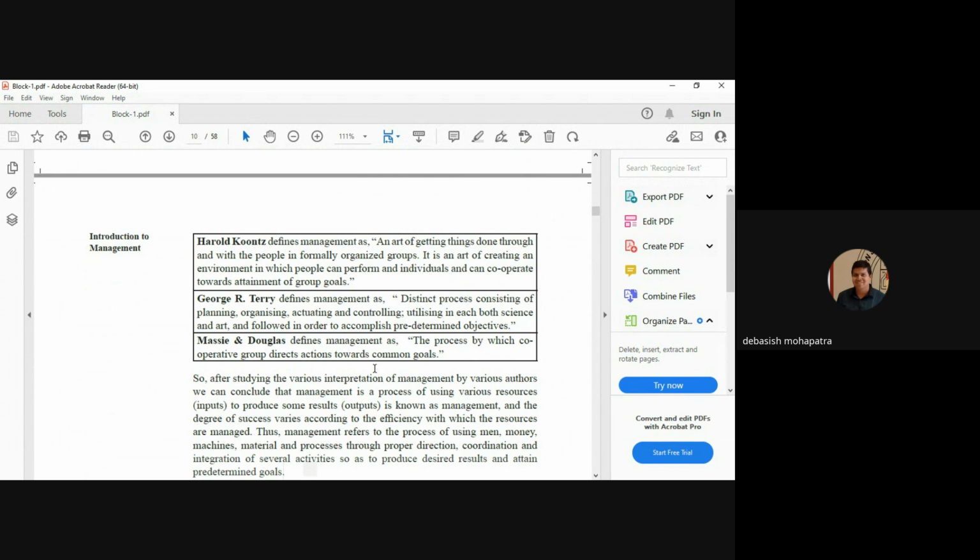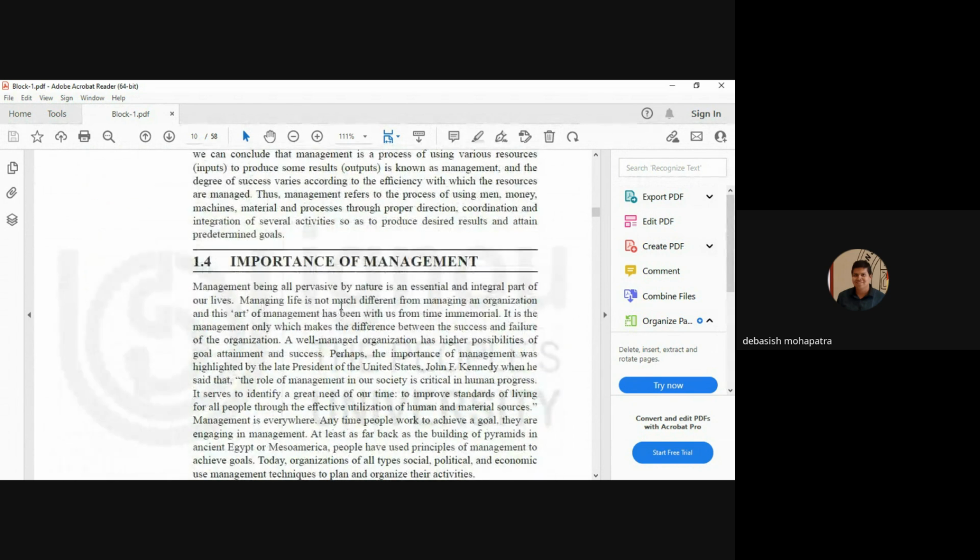Then George R. Terry defines management as a distinct process consisting of planning, organizing, actuating and controlling, utilizing in each both science and art, and followed in order to accomplish predetermined objectives. Then Massie and Douglas define management as the process by which cooperative groups direct action towards common goals. So these are the different definitions of management given by different people.